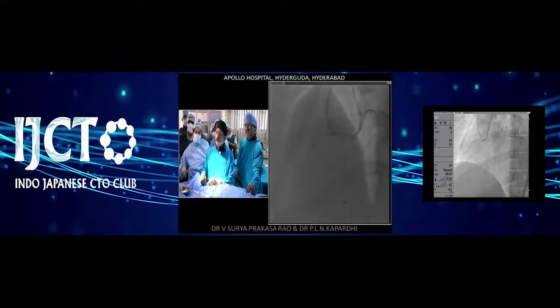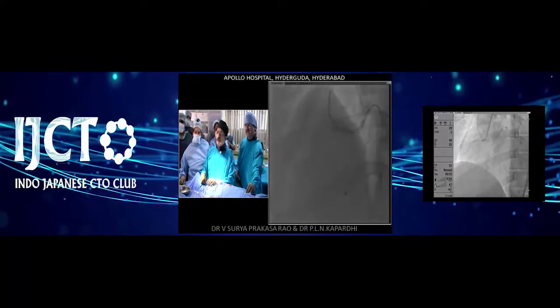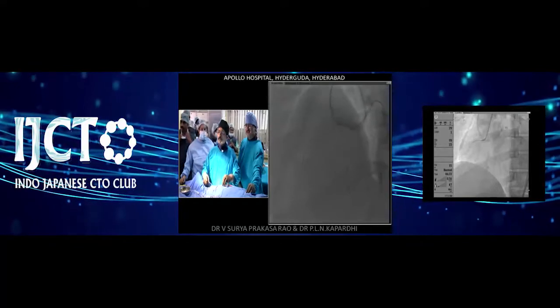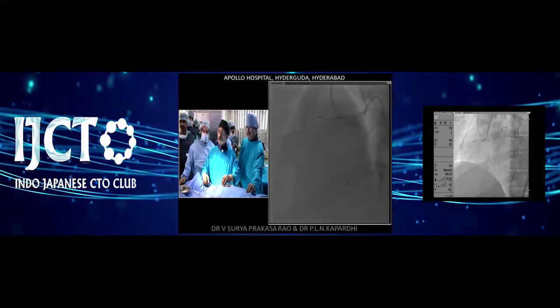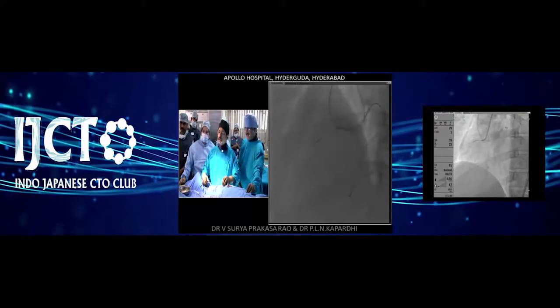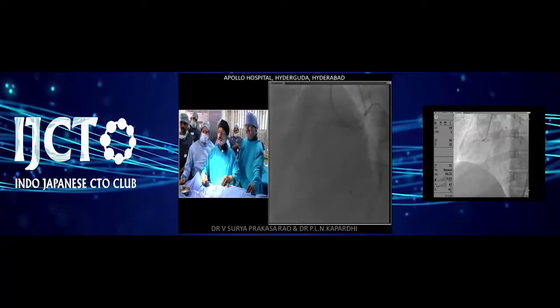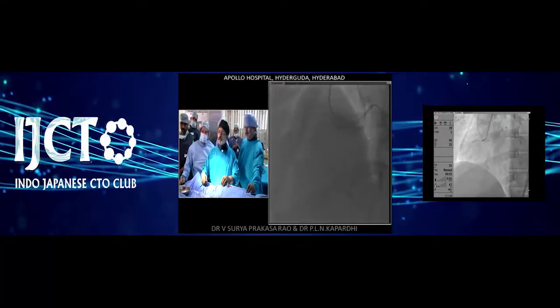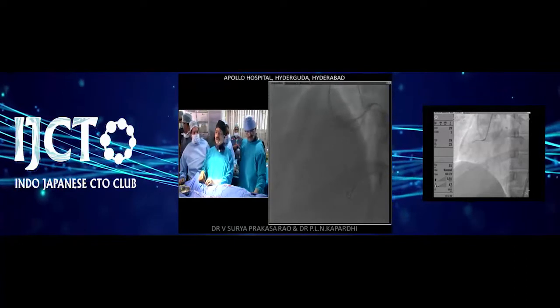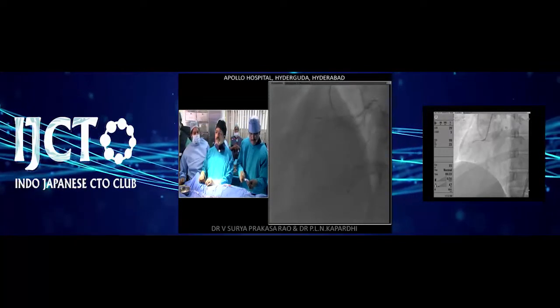In situations like this, would you like to change microcatheter to lower profile, something like Caravel? Yeah, the Caravel would be an ideal catheter for this situation. Our plan is, next plan, if we are unable to negotiate, we want to change to the antegrade wire. Okay, we'll do one thing.